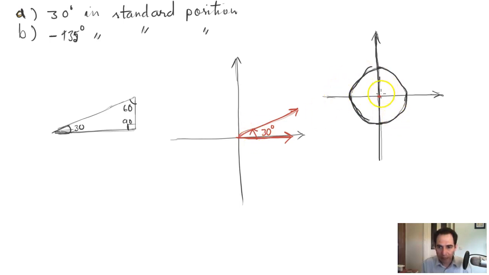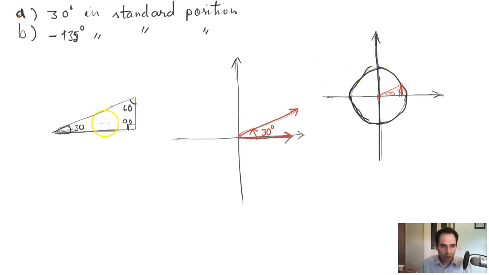And so this angle goes inside this unit circle. This is a 30-degree angle, and you can constitute a triangle over here, and you can see that you have a 90-degree angle, a right angle here. This is 30 degrees, and this angle up here is 60 degrees.